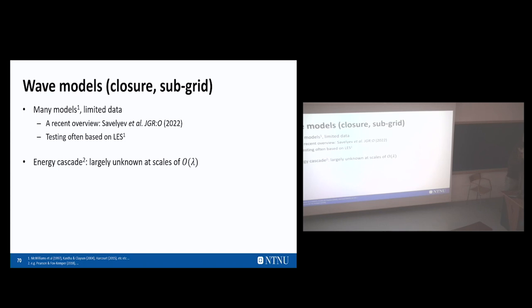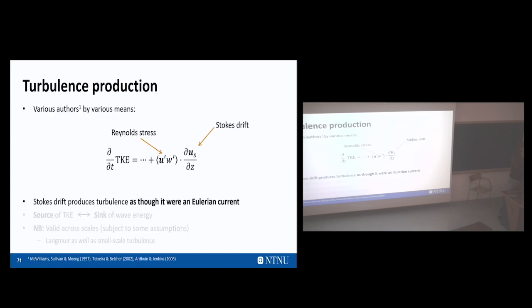Now, there's a nice recent review by Savelli and Verbal. I'm not going to go into models yet, because half the room knows it much better than I do. But I should say, correct me if I'm wrong, I don't think the energy cascade is perfectly understood.